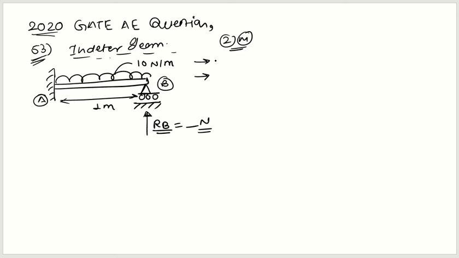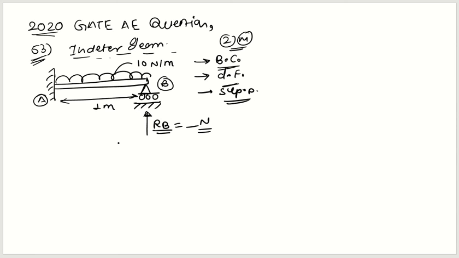First of all, for solving this question, you require the boundary condition. Then you require the deflection formula, and you should know the simple superposition method. I hope you are aware of the superposition method.